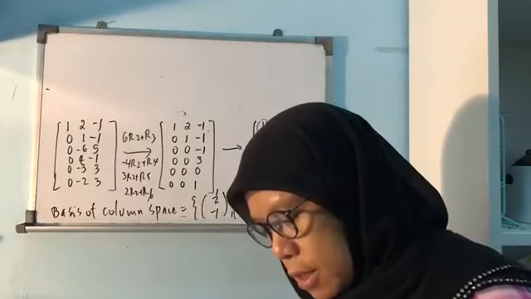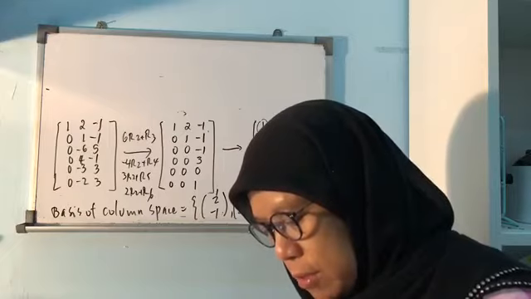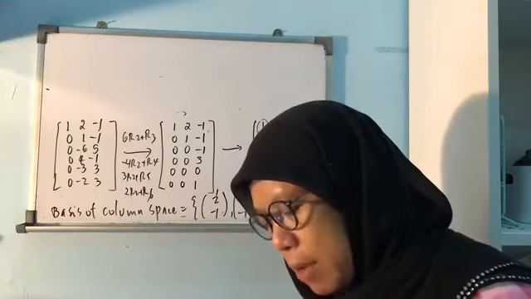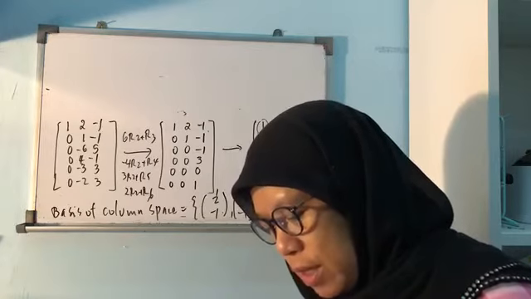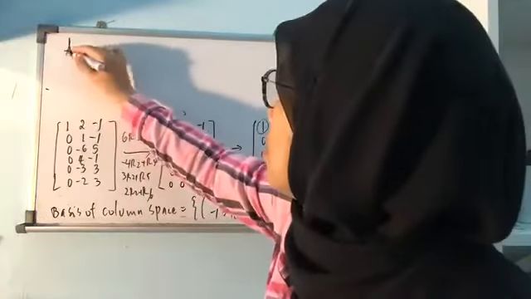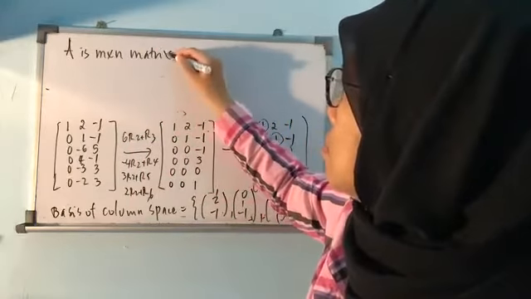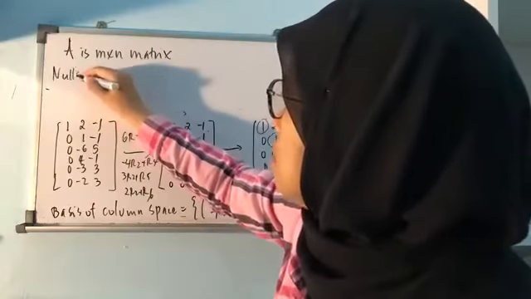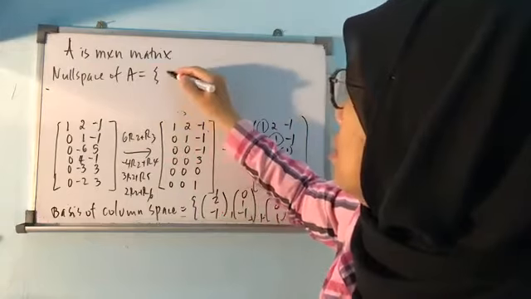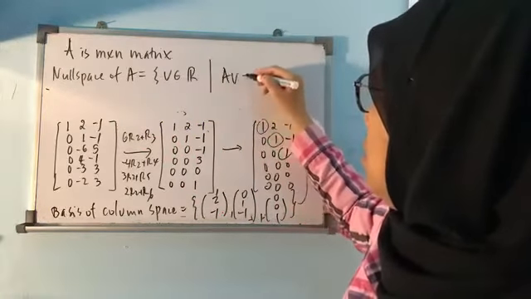Page 220, definition 3.15, null space of a matrix. The null space of an m by n matrix is the solution V of AV equals 0. So A is an m by n matrix. Null space of A is V such that AV is 0.